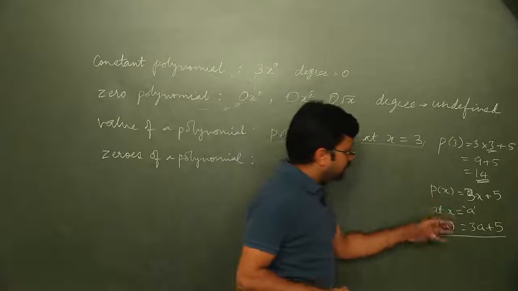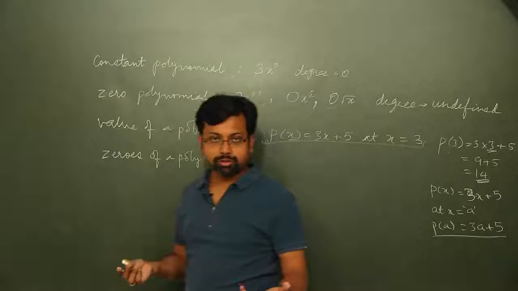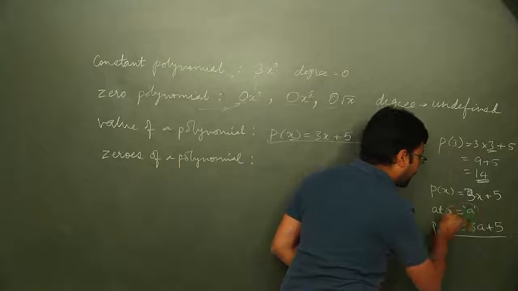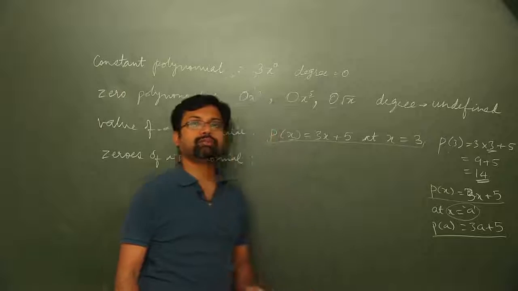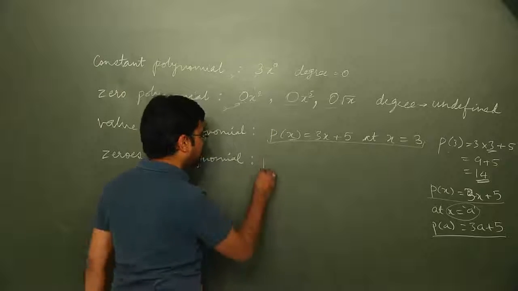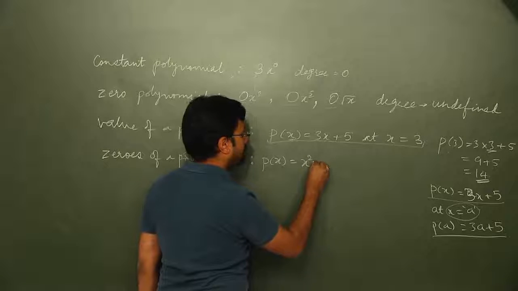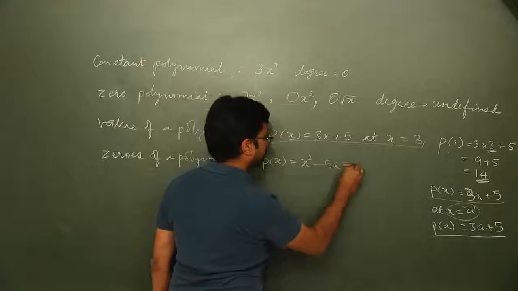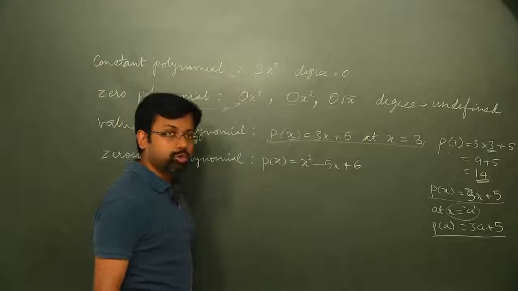Now for various values of a, this polynomial is going to have various different values, right? But there will be particular values of a for which the expression, the polynomial, is going to become 0. For example, let's say you have this polynomial in x with degree 2.